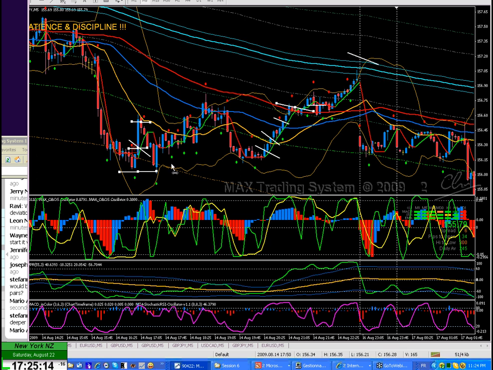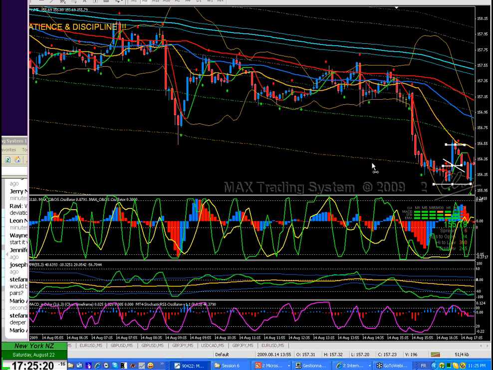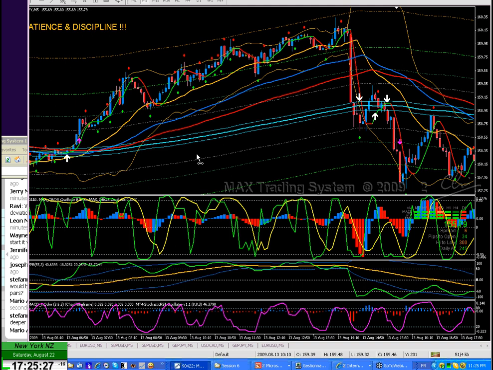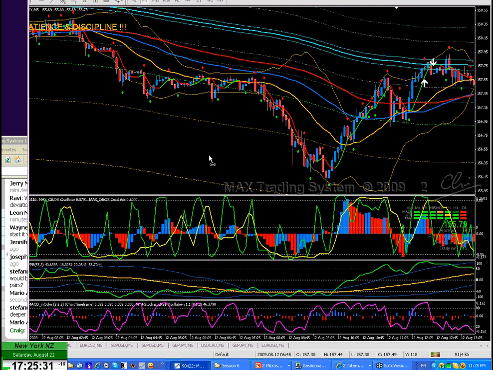Let's try to see an example so that it will be a little more clear. It's not always easy to find an example these times because the markets are less volatile, we have less ample movement.